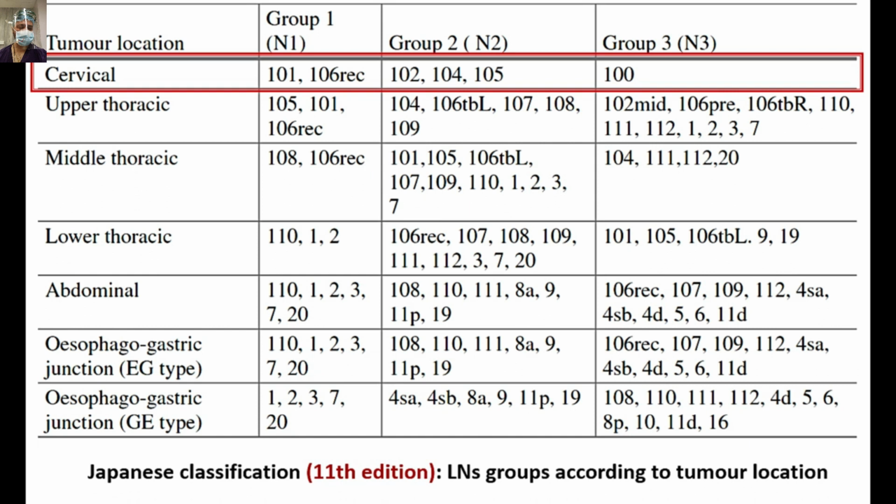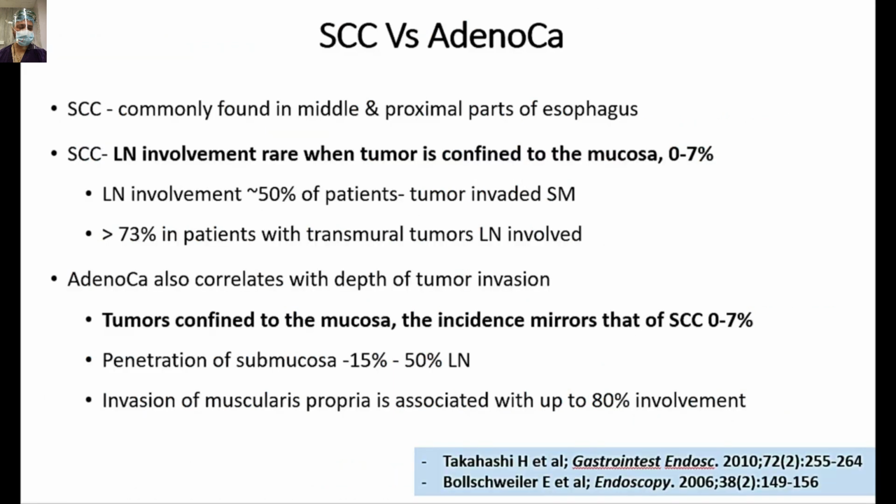So for every location they have divided the lymph node groups in D1, D2, D3, and for a D3 dissection, one has to clear all the lymph nodes in D1, D2 and D3 groups. Similarly for upper cervical, upper thoracic, middle thoracic, lower thoracic, abdominal, they have classified the lymph node groups into N1, N2 and N3 groups.